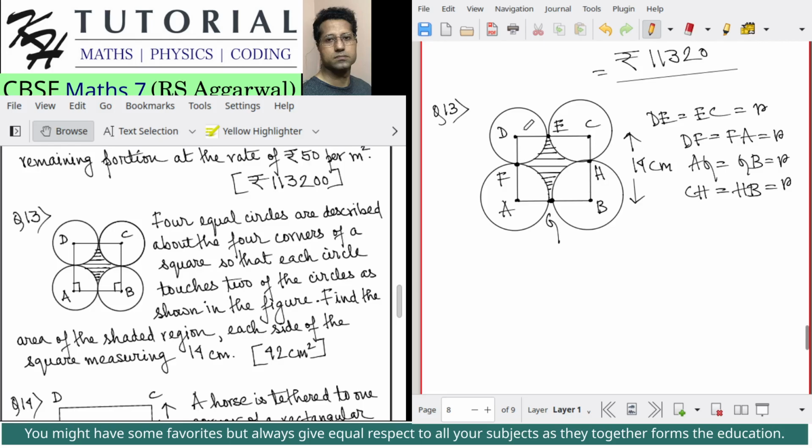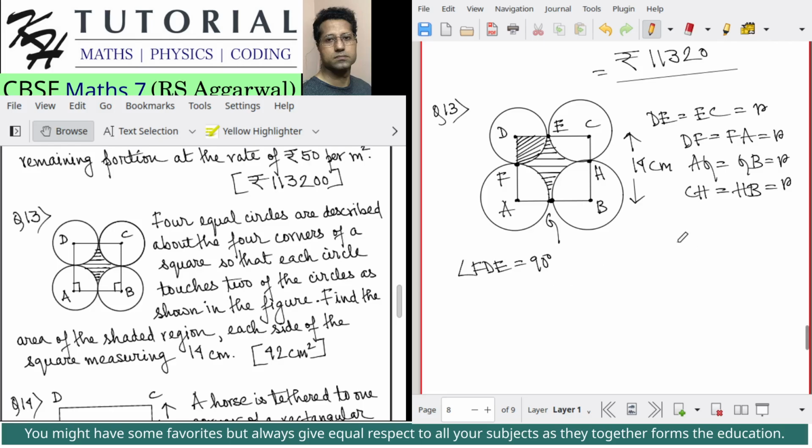By sector I mean this part. They are all of equal size, that is, of the same radius. Now this is a sector where the angle FDE is equal to 90 degree.